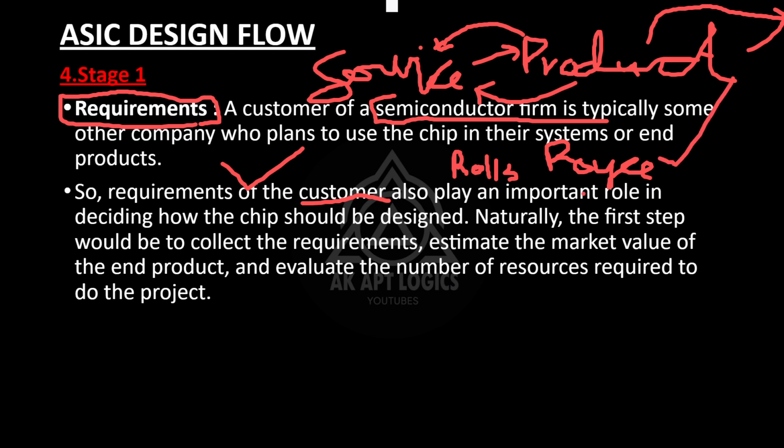Okay, so the customer plays an important role in deciding how it should be designed. Customer in the sense our user. Most users are not aware of the devices, right?